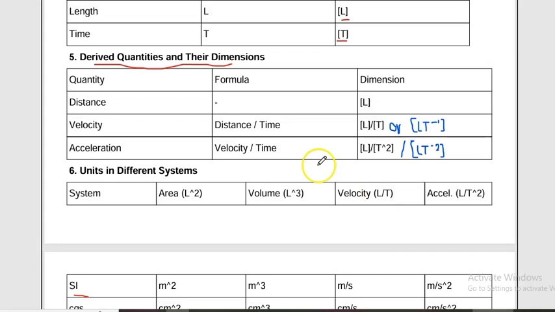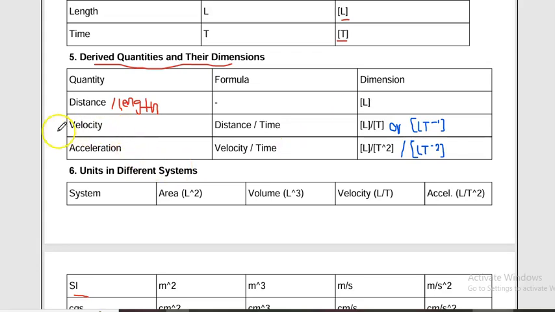So distance, as we can see, has no formula, but its dimension is L. Actually, here I can just say this is length. I mean length. My handwriting is not okay. So this is range, and the dimension of range is L enclosed in square brackets.